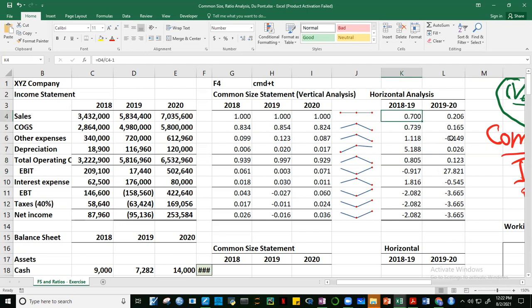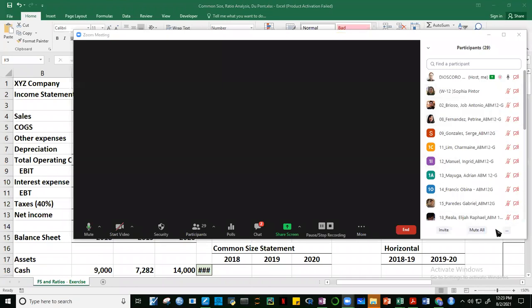Ano ibig sabihin dito ng negative 1? Ito na lang. What's the meaning of EBIT here, negative 0.917? What's the meaning of negative? Ano ibig sabihin yan, guys? Yes, thank you, John.